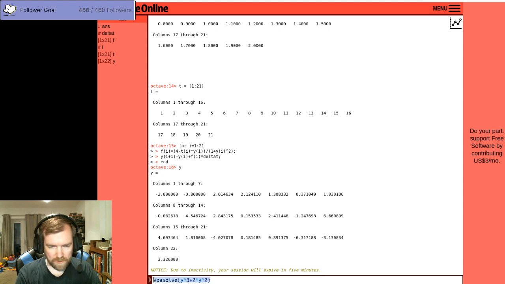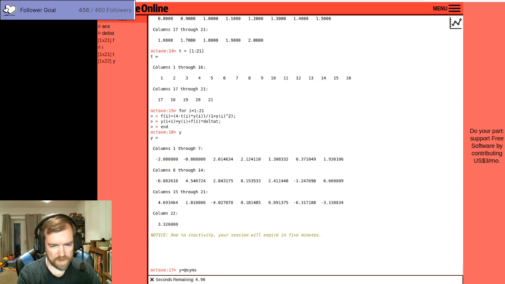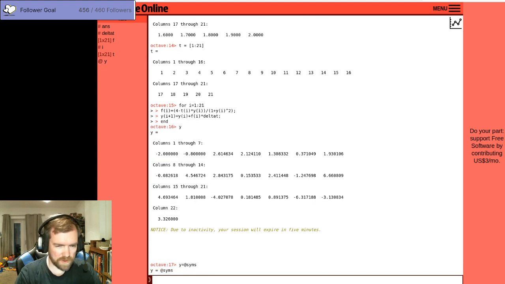And actually this may yell at me anyway. Nope. y equals... I think that's the right way to do it. Plus 1.01 times y minus 1.6.